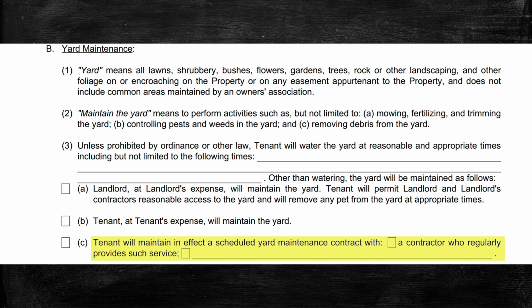So here we would select 17B3C. The tenant is going to maintain, in effect, a scheduled yard maintenance contract with, and then the parties would check the second box and they'd write in the name of the landlord's preferred yard maintenance contractor. So 3 choices on how the yard will be maintained other than watering. The tenant is always responsible to water the lawn at reasonable and appropriate times.